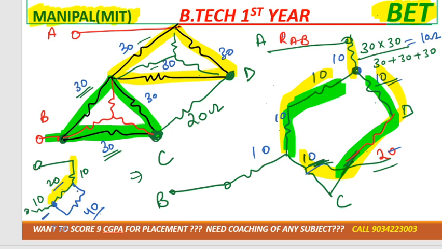Then the 10 in the middle, that resistance, and this 10 will become a single resistance in series. So the final answer, let me tell you the final answer that will come after solving this, that would be your 33.33 ohm. You can solve it to cross check.